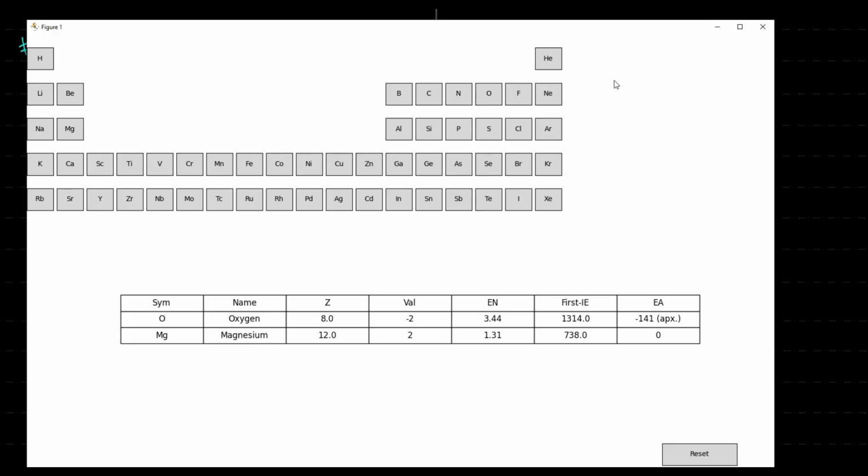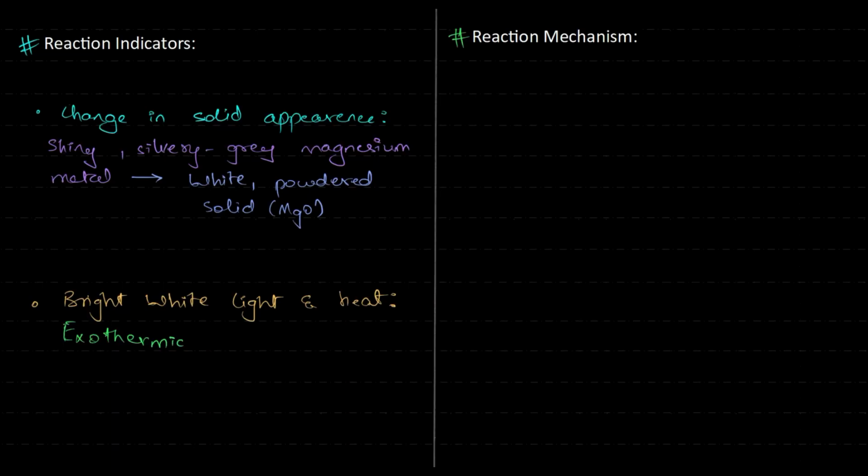These are at the extremes of the periodic table. Right guys, and you can look at the valency, that's why it's MgO. Look at the electronegative value, look at the electron affinity. So you can see all of this, right? And you should be able to guess why the reaction is so violent.